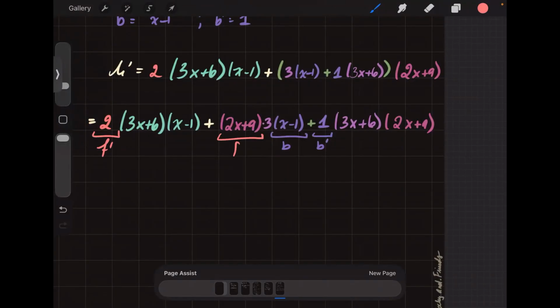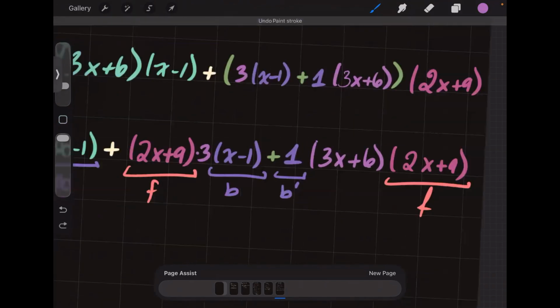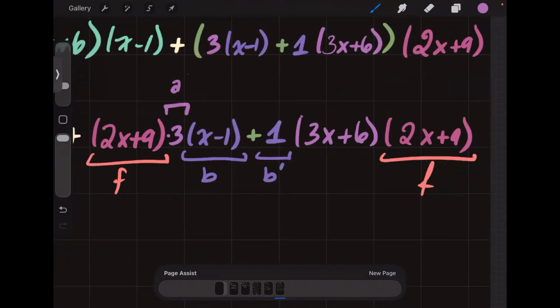This is going to be normal f, and this is going to be normal f. Oh, but that also means that this is going to be b. Do you see where this is going? And then you're like, oh, wait, this piece is a, and this piece is a prime.